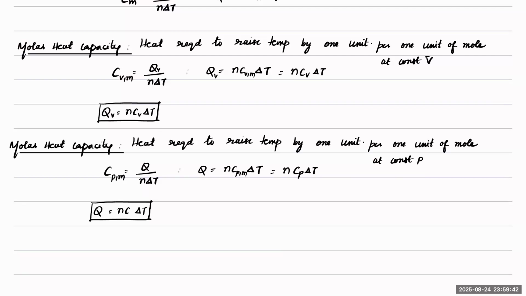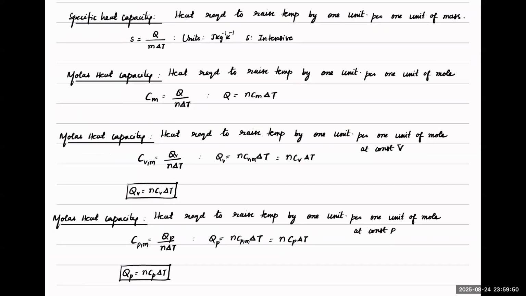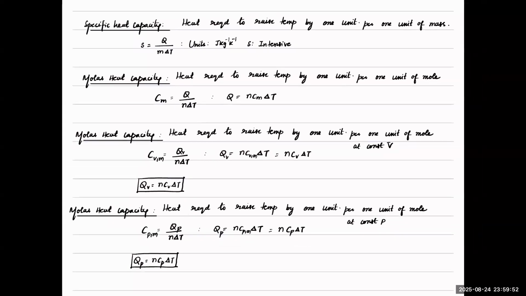So please make sure you are comfortable with these four terms. And if you have noticed, Cm, CV, and CP are all intensive properties. Correct? These are all intensive properties.